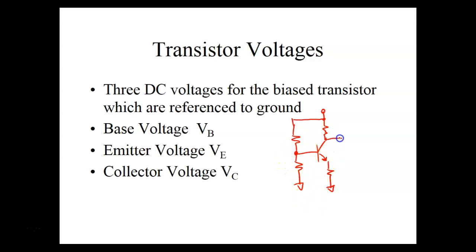We would take our output right here, and we'd take what we want to input right here, and we're going to have to add something a little more to it. So generically, I'm going to call this R1, and this R2, and we'll call this RC because it's a collector resistor, and we'll call this RE because it's the emitter resistor.